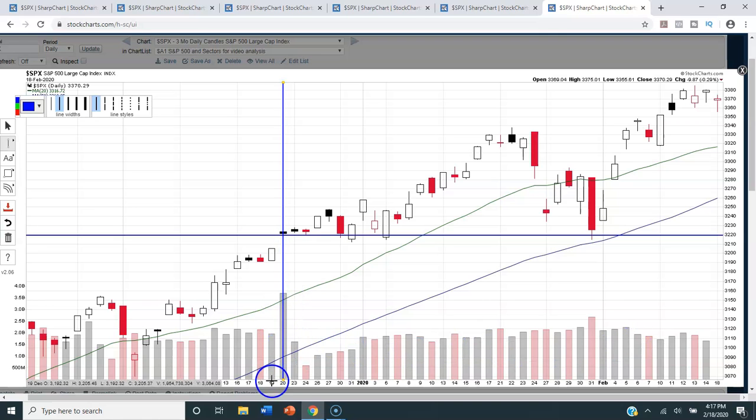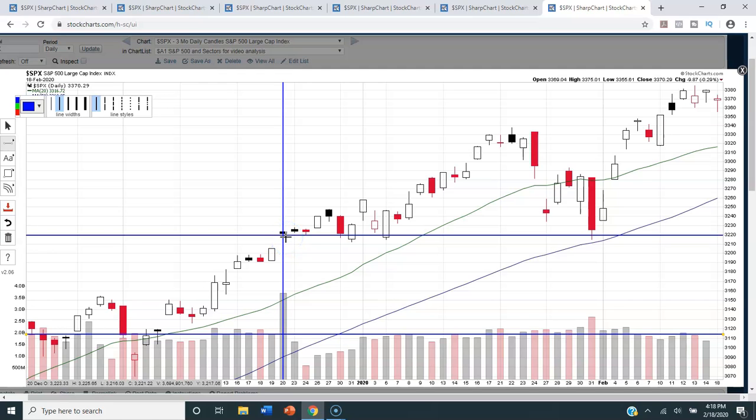So you can see here that we had a really nice volume spike. And again, just to illustrate this point, volume matters. So if we draw a line on top of some of these volume bars, you can see most of the volume has been underneath this level over the last 3 months or so. When you get a big volume spike like that, especially on an up day, that is very significant.